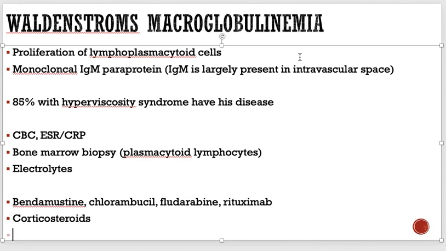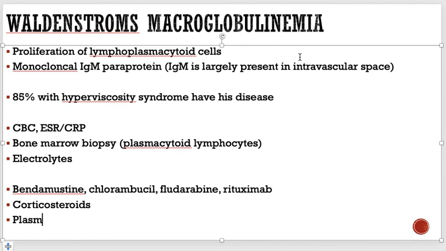So simply we have to reduce it. In an emergency, if the patient's condition is not good, we can go for plasmapheresis for hyperviscosity syndrome. Of course, when we go for plasmapheresis, it decreases the level of IgM in the blood. Okay, so that's all about Waldenstrom macroglobulinemia.